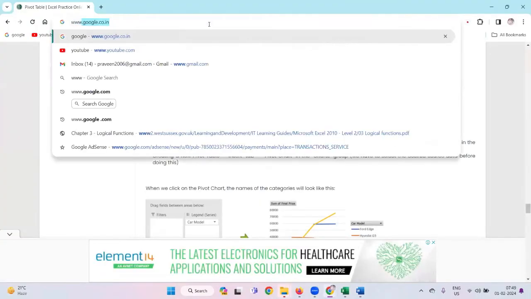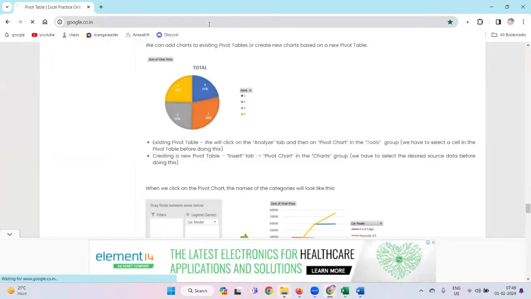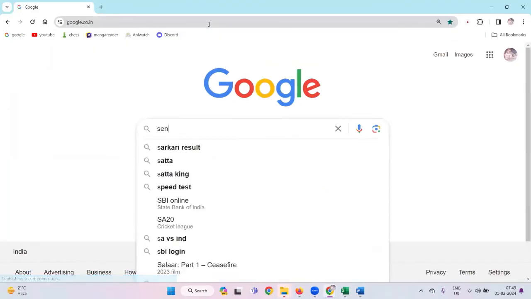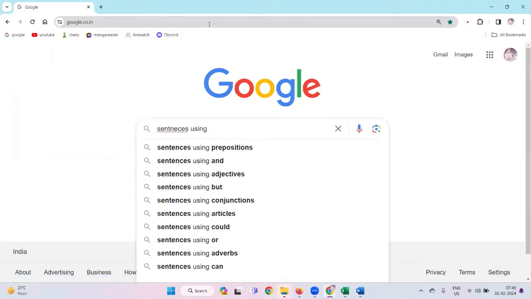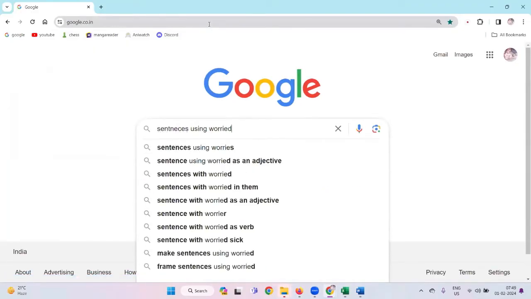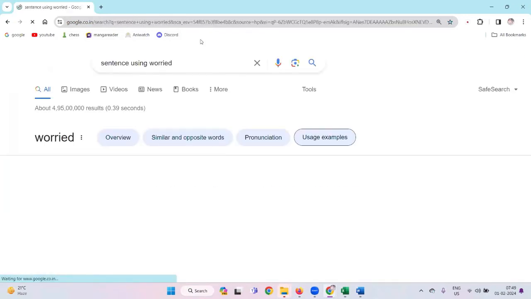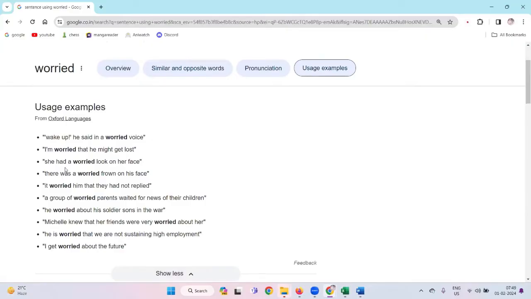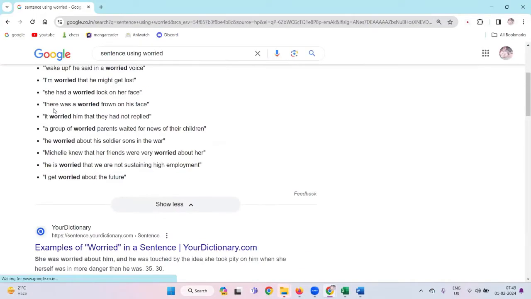After completing a set of sentences from that website, we will move to the next adjective. Sentences using worried. She had, okay, this one we completed. There was a worried frown on his face. Frown. Similar, so we can skip that one.